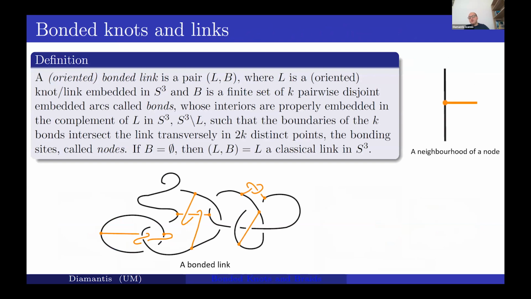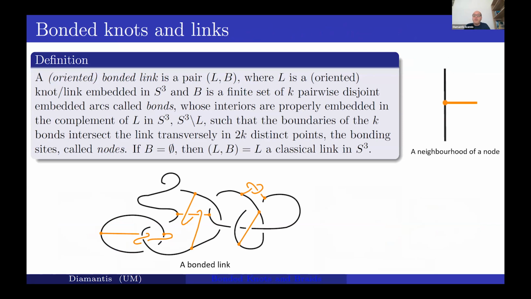So we define what we call a bonded link. We define a bonded link to be a classical link. Here in this figure, you can see this black curve forming a link. The black curve is a classical link, and in orange, we have what we call bonds. So what is a bond? It is nothing but an embedded arc in the complement of that link.